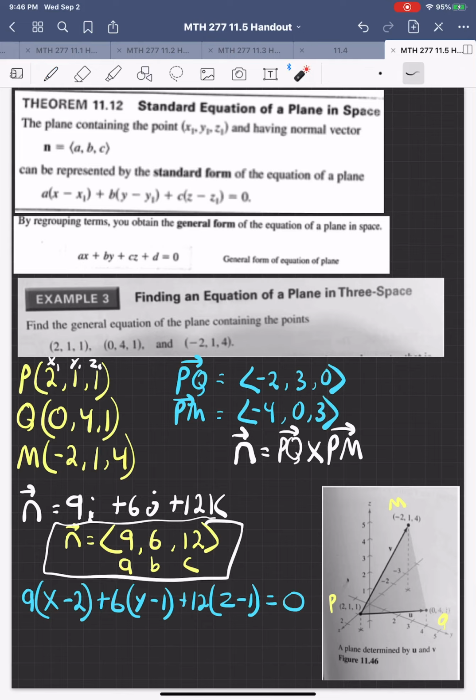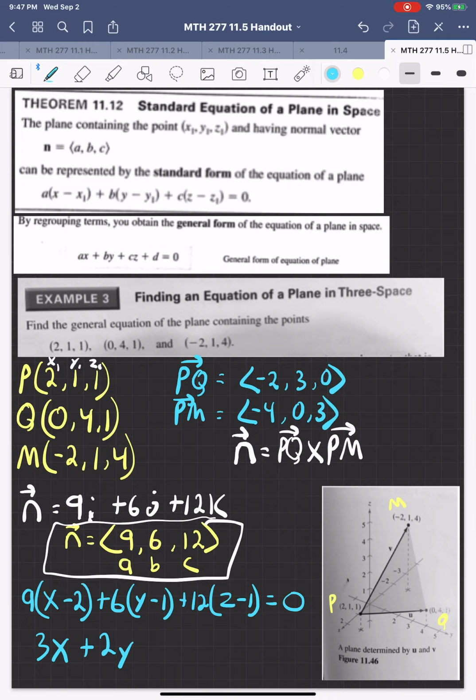Now, if they asked for the standard form, we would be all done. They did ask for the general form, so all that requires is that you distribute it out and combine like terms. So here would be the general form.